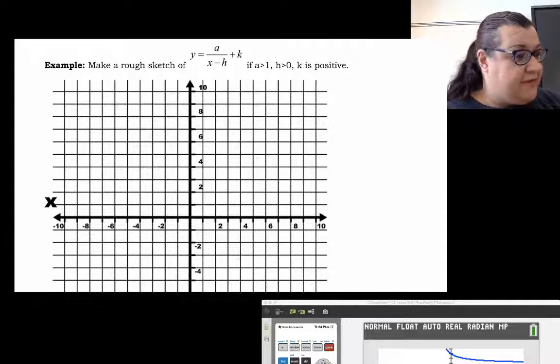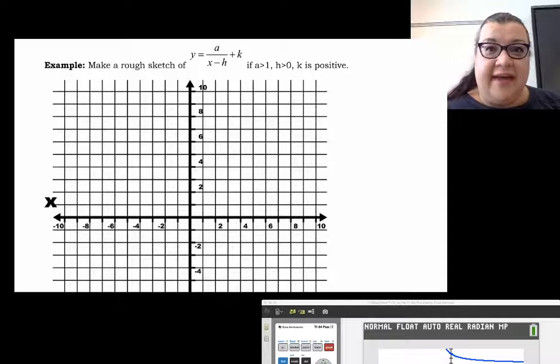So make a rough sketch of y is equal to a over x minus h plus k if a is greater than 1. So if you actually have a stretch factor. If h is greater than 0 and k is positive, should have just said then k is also greater than 0.